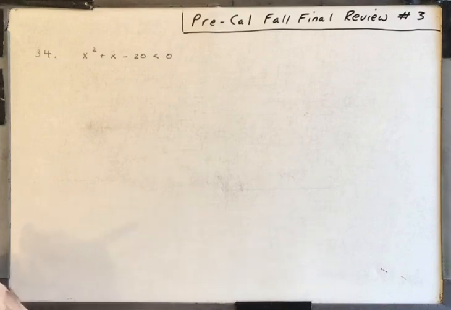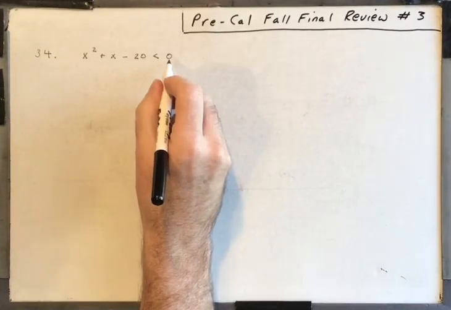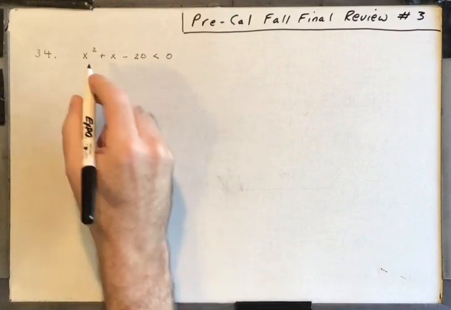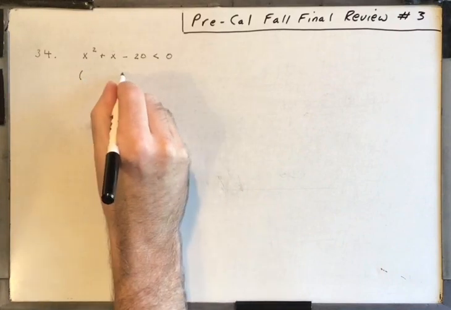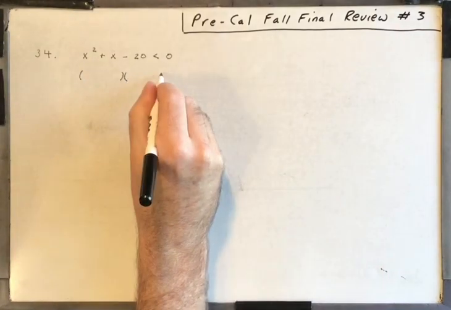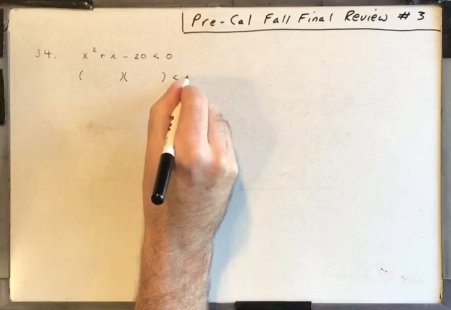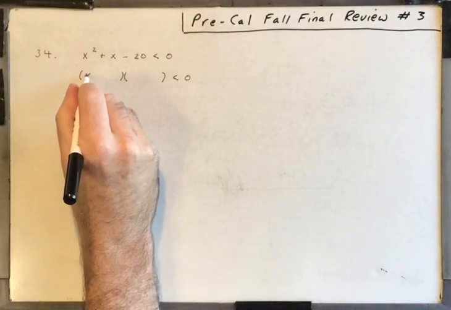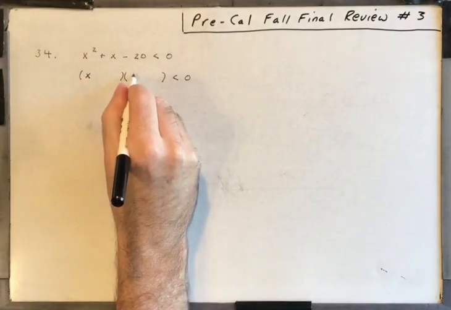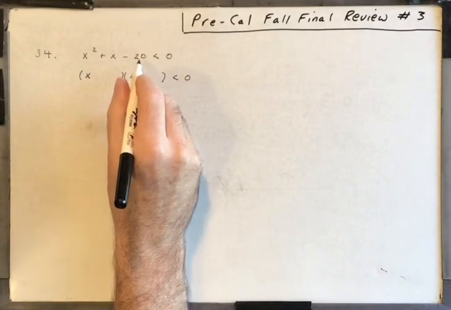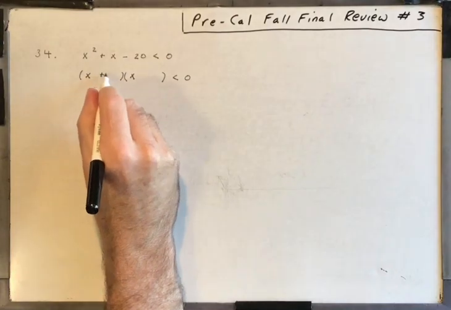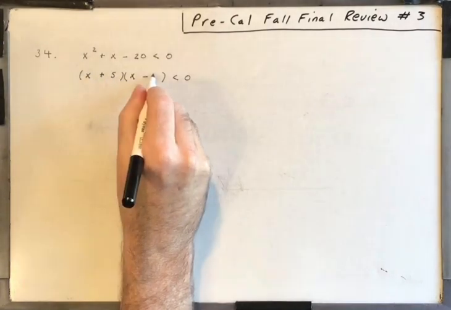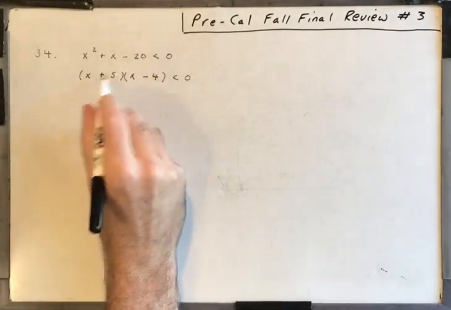So we've got x squared plus x minus 20 less than 0. You start out by just solving it like it were an equal instead of a less than. So we're just going to factor this, right? x, and then I believe plus 5 minus 4 would work, negative 20.